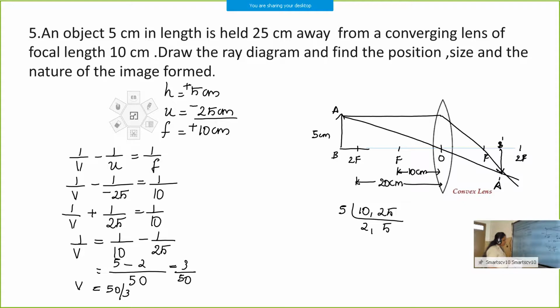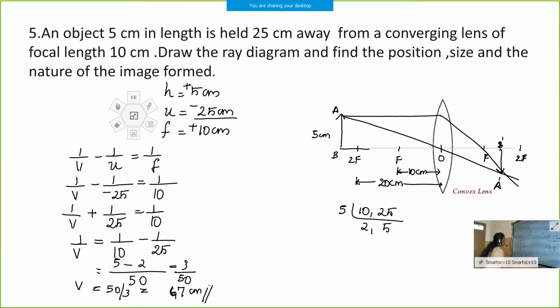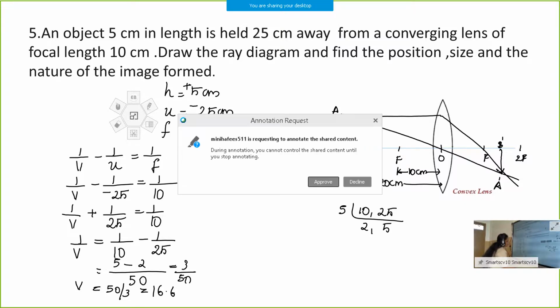You will get it as 16.67 centimeter. Are you getting 16.67?